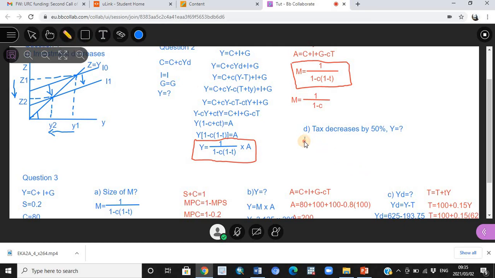The variation of income is going to be equal to the multiplier, the same multiplier, multiplying, in this case, the variation of tax. The variation of tax.